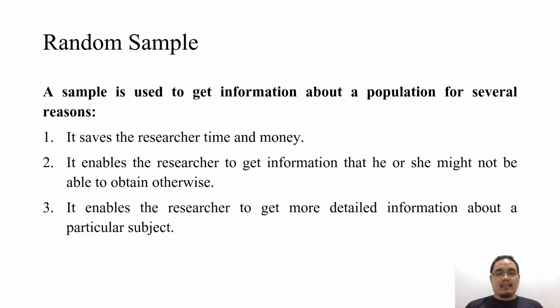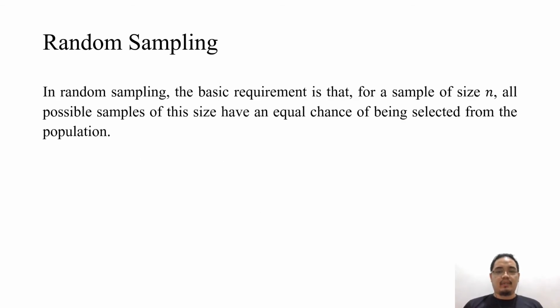And then next, it enables the researcher to get more detailed information about a particular subject. Okay, so by using sample, since mas konti nga yan, part lang yan ng population, mas makukuha mo yung every detail na kailangan mo. Okay? So next, in random sampling, the basic requirement is that for a sample of size n, all possible samples of this size have an equal chance of being selected from the population.